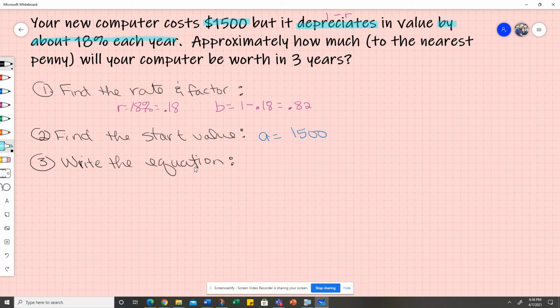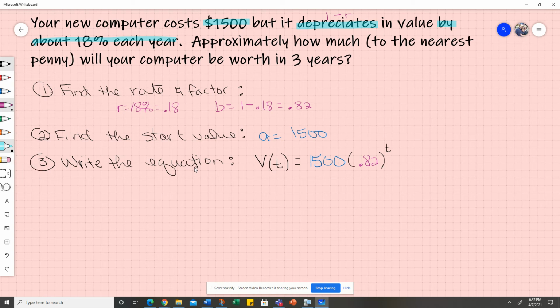So we're going to use the value with respect to time is 1,500 times, we're going to put our rate, or excuse me, our factor in there. And the factor, remember, is 0.82. Okay, we did the 1 minus 0.18 to get the 0.82.